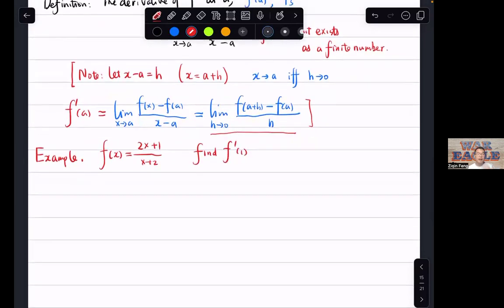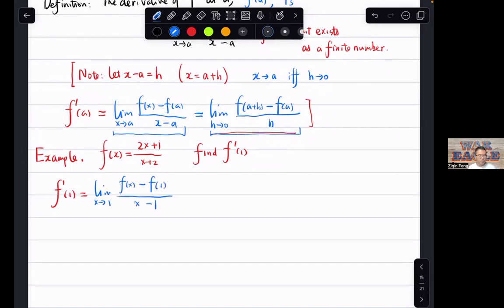How do we do that? We want to use our definition here. So far, we have only the definition to use. f prime of 1 equals, we can use either definition form 1 or form 2, not much difference. Let's use form 1. So this is the limit as x goes to 1 of f of x minus f of 1 over x minus 1.